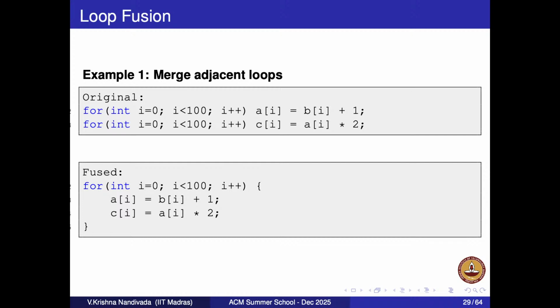I am in iteration i equal to 5, I am writing to a sub 5, then I am using a sub 5. Am I using the updated value, or an old value? Updated value. There is dependence. There is forward dependence.